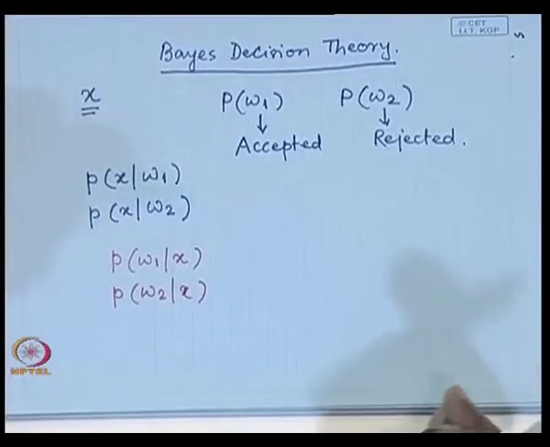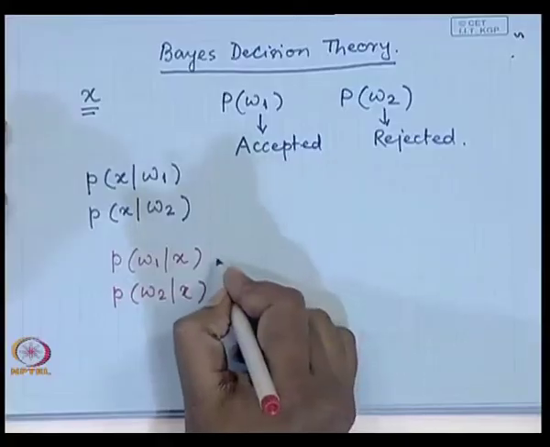These are the two probability measures which we call the posteriori probabilities, and based on them we decide whether the object is to be classified to class omega 1 or class omega 2.